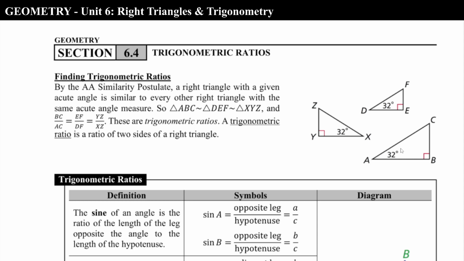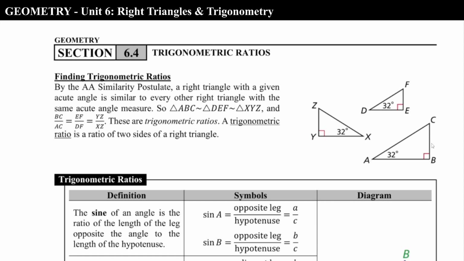Here, our short leg, we're going to call our opposite leg because it's opposite of the angle that we're looking at. We're looking at this 32-degree angle. If we go opposite here and we put that over hypotenuse, that's going to give us a trig ratio. Similarly, if we take the adjacent side, so we take AB and set it over the hypotenuse, that's going to give us a trig ratio.